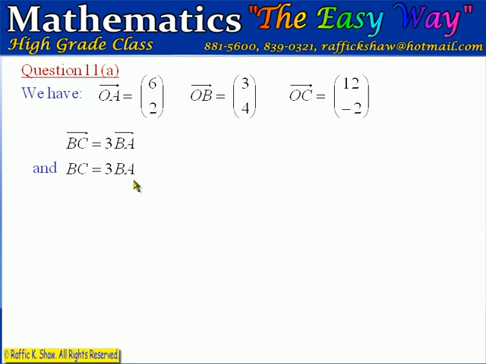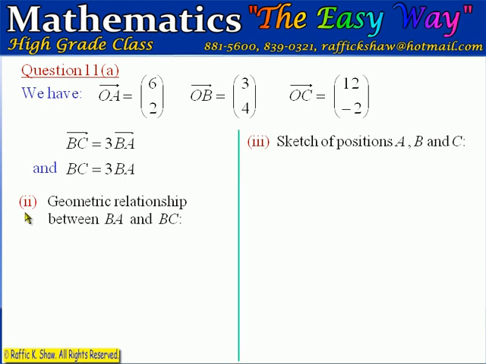This is a scalar equation. Now we're asked in part 2 for a geometric relationship between BA and BC, and part 3 is asking us to sketch the position of the points A, B, and C. We'll do part 2 here, and we'll do part 3 on this side. When we're asked to state the geometric relationship between two lines, we have to say whether or not the lines are parallel, and we also have to give the relationship between the length of the two lines.